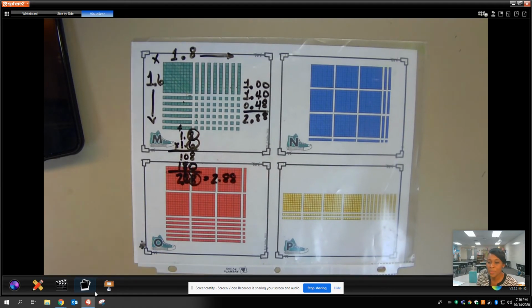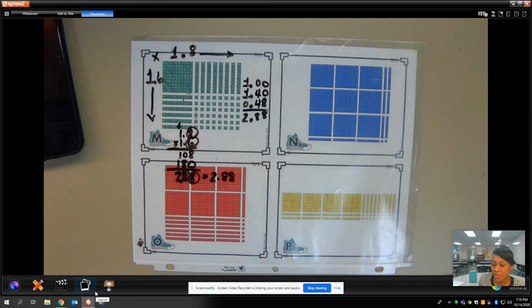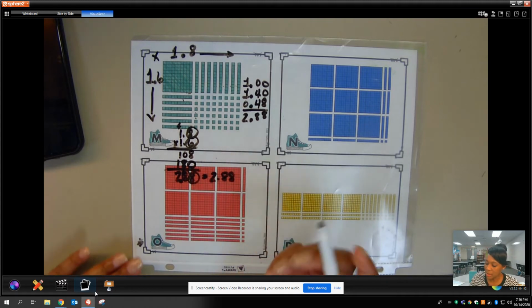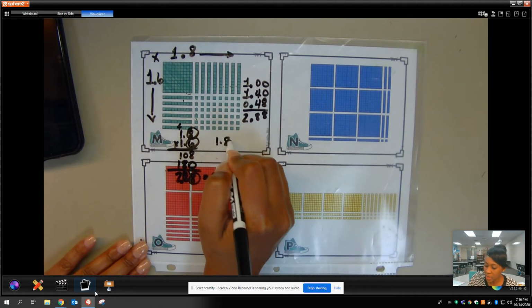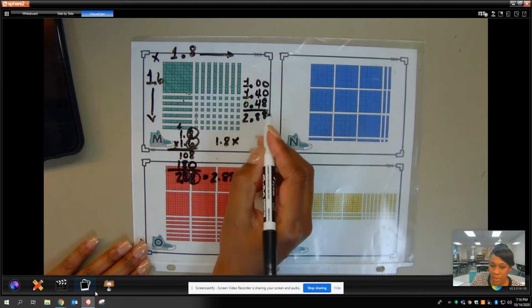Okay. What you might be asked to do on an assessment would be to tell if this is a multiplication or division problem. Find the equation that matches. Remember, equation is just a fancy way of saying number sentence.